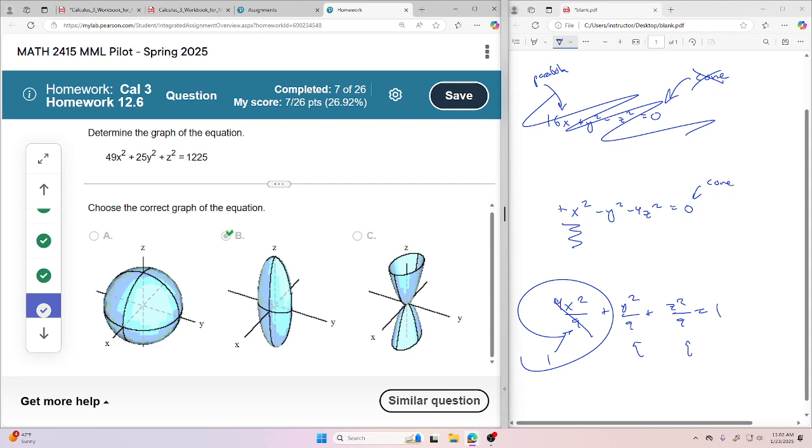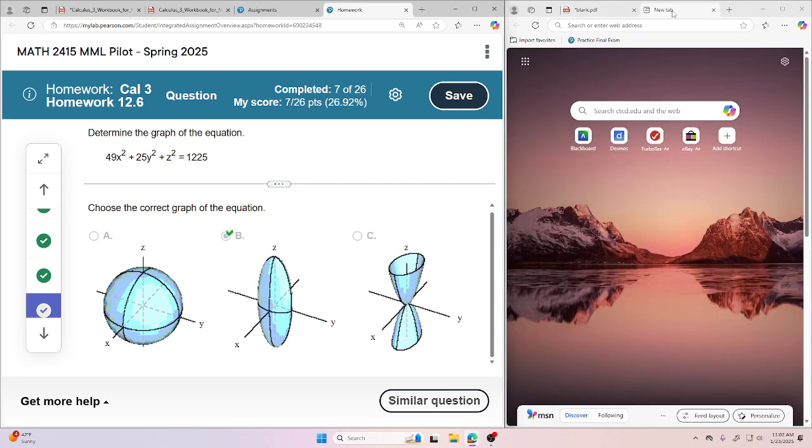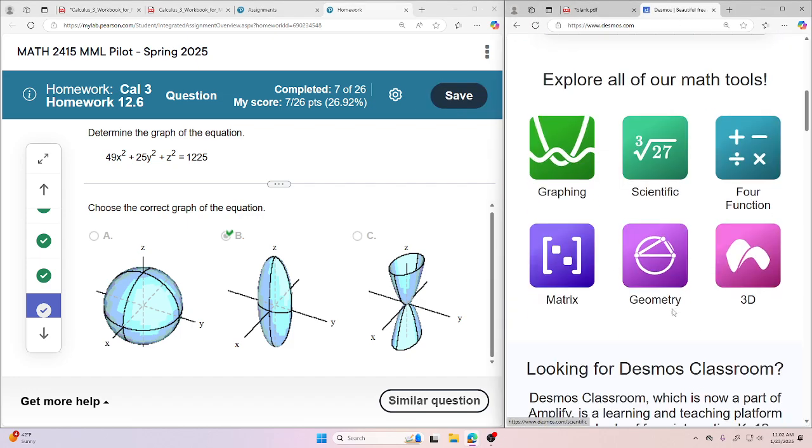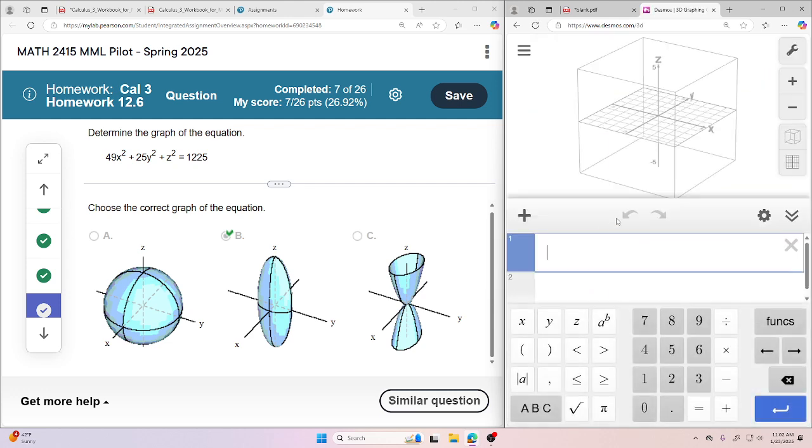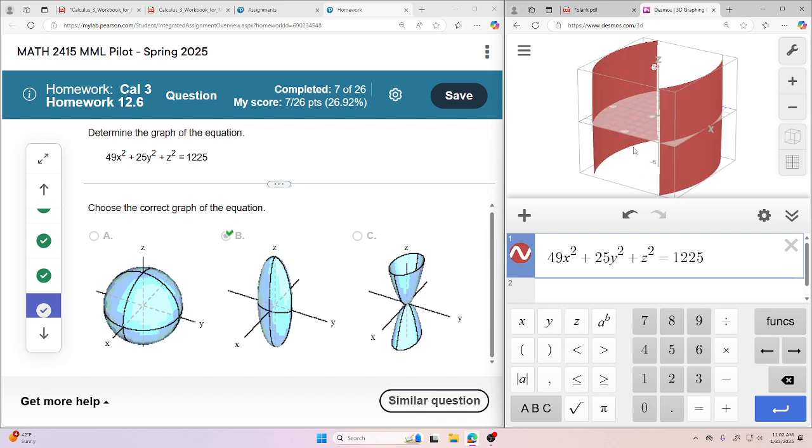If you're ever stuck, and this is totally fine, Desmos has the 3D grapher now. Although we can't use it on an exam, you will only have one of these on the exam at max. But it's good to back up. The strength of this is that you can move it around and rotate it.